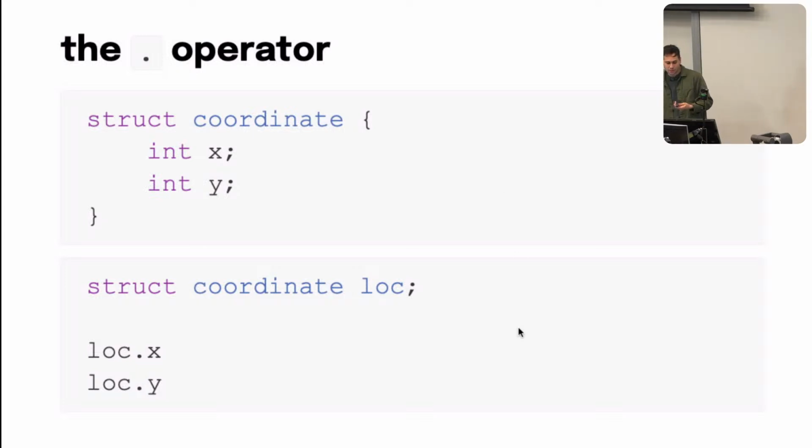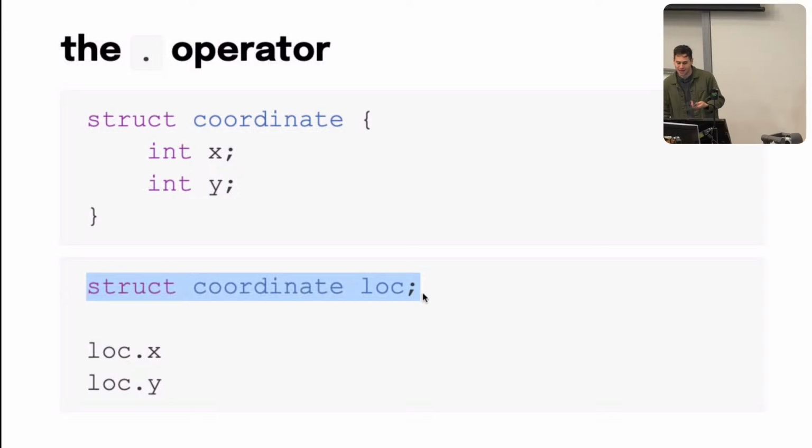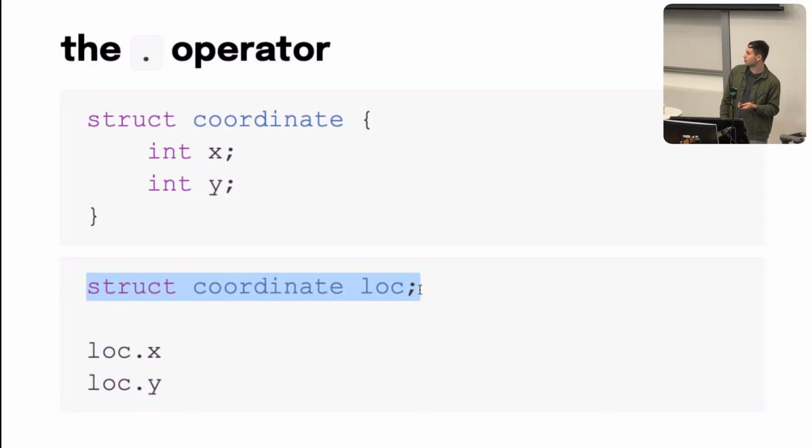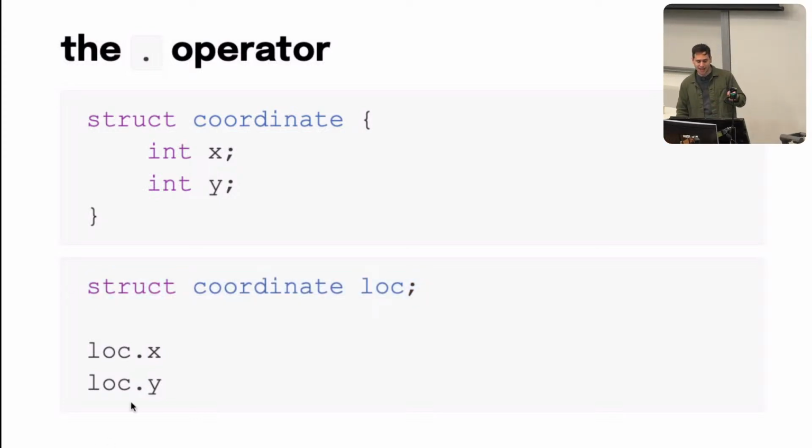All we need to do is create an instance of our struct, which is what we're doing here. Then we can say location.x, that is that integer x, and location.y, that is our integer y. It's that simple. But the cool thing is that they're both contained within that single identifier, location.